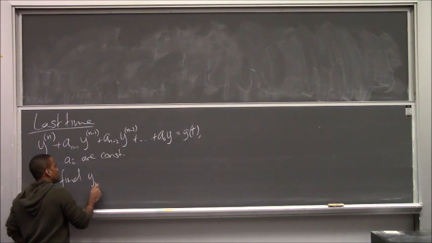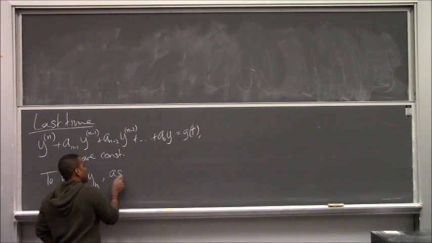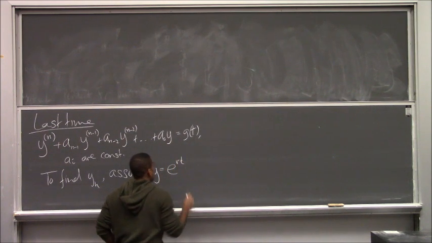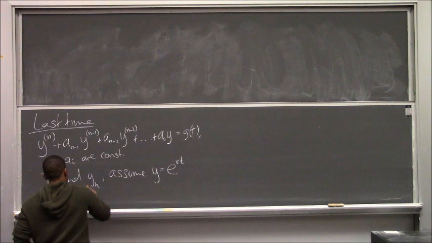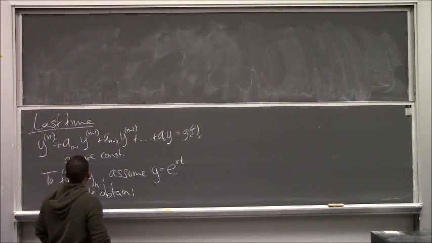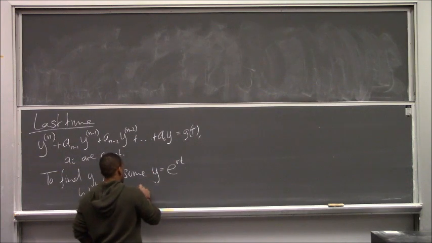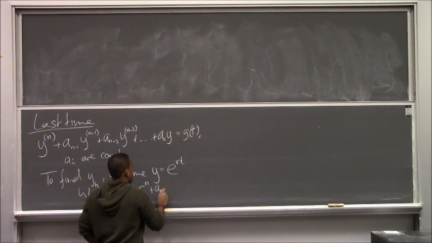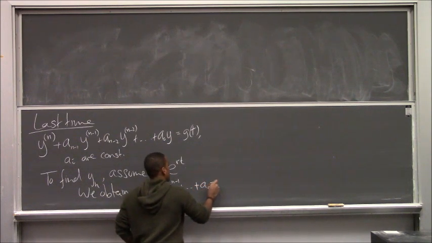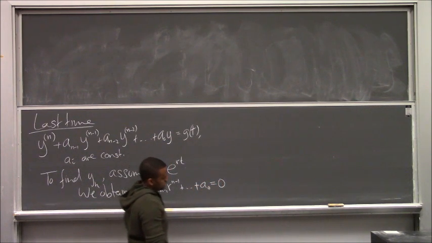Find the homogeneous solution. We assume our y is once again e to the rt, and we obtain a characteristic polynomial, namely r to the n plus a_{n-1} r to the n-1 plus ... plus a_0 is equal to 0.